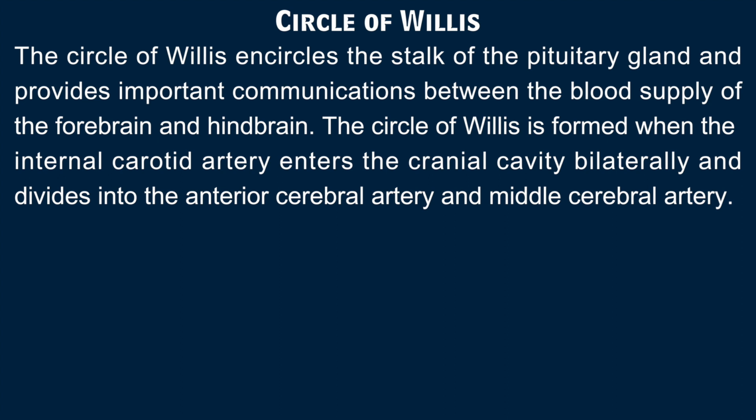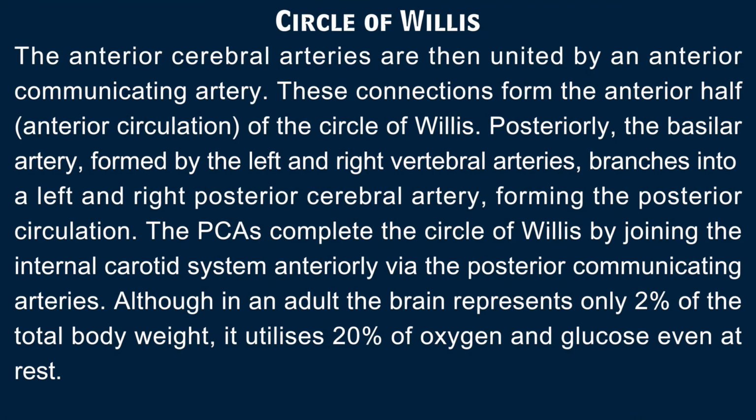The circle of Willis is formed when the internal carotid artery enters the cranial cavity bilaterally and divides into anterior cerebral artery and middle cerebral artery. The anterior cerebral arteries are then united by an anterior communicating artery.